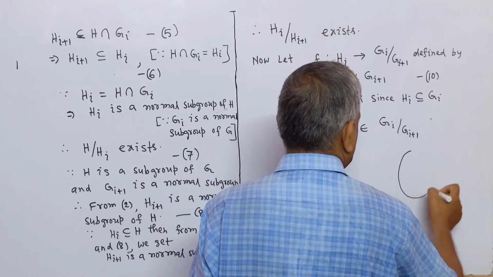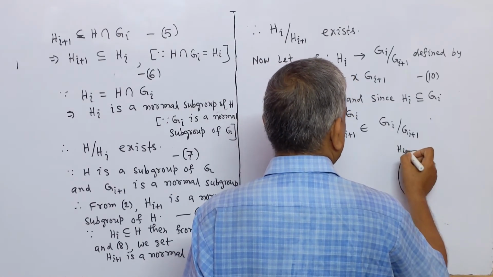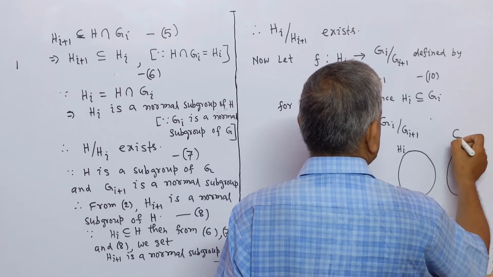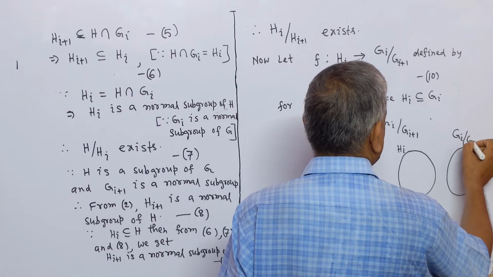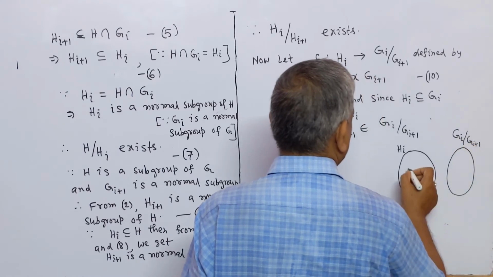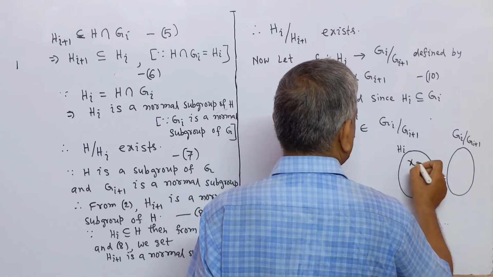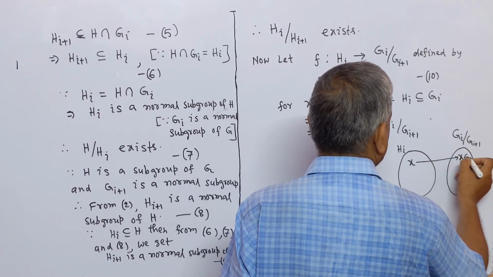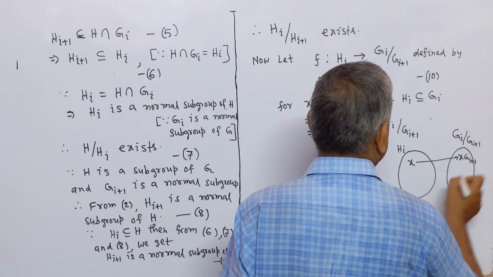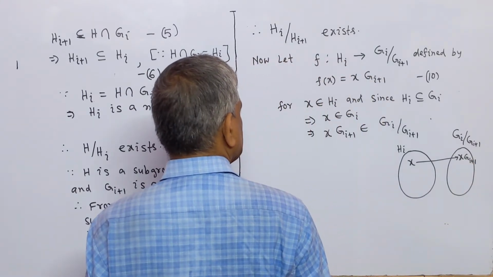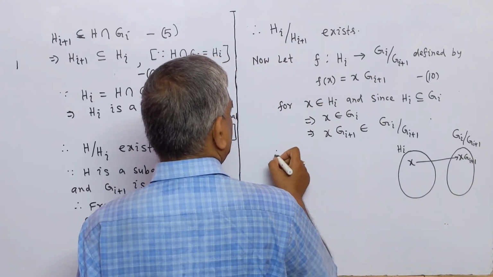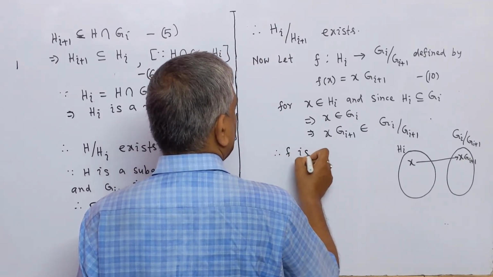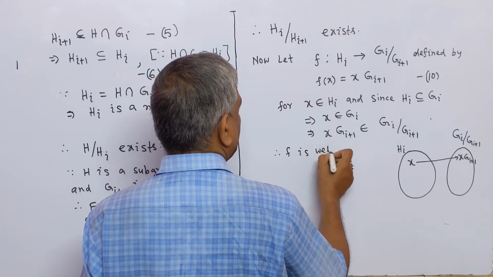Let this be Hi and this be the quotient group Gi by Gi plus 1. For element x, we get the image x Gi plus 1. Therefore, F is well defined.